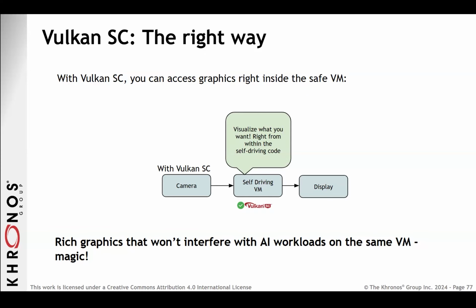Secondly, it eliminates GPU processing stalls due to dynamic allocations and shader compilation. Vulkan SC does all of its allocations during initialization, and all the shader compilation must happen offline.